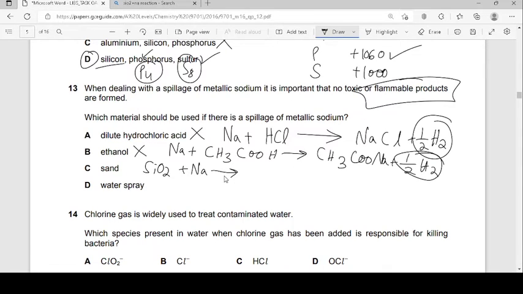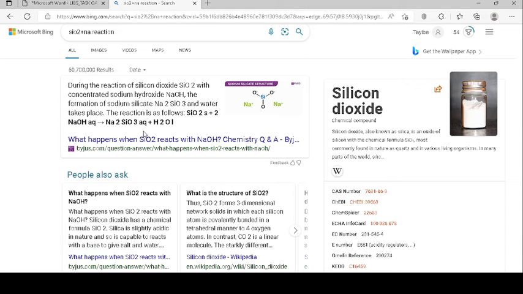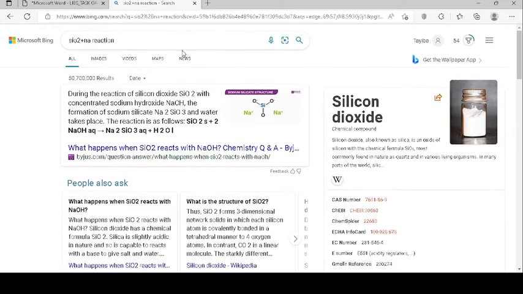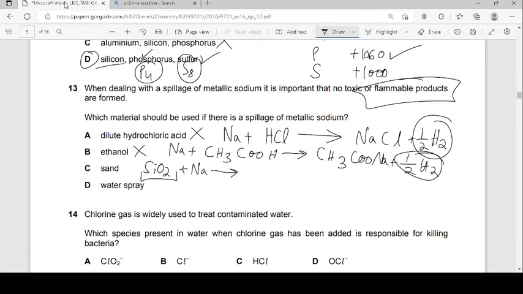Could be, because SiO2 is a giant molecule that doesn't react with everything in the world. Silica is slightly acidic in nature, and so is capable of reacting with a base. SiO2 reacts with NaOH because it's slightly acidic, but with Na, would you expect it to react? I don't know. But let's look at water spray, which means H2O.